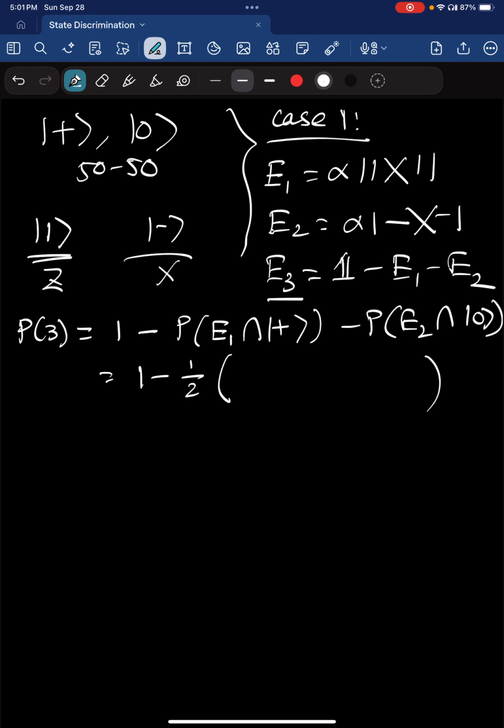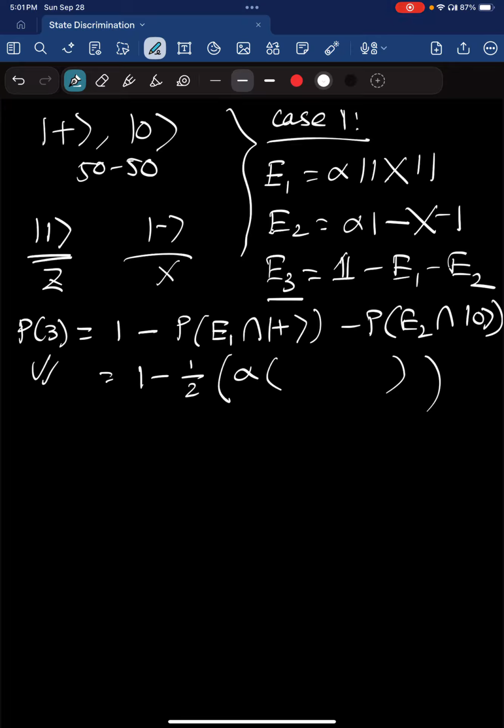Because if we take alpha common and there are some other terms, we can see that we need to increase alpha so that the probability of inconclusive outcome is decreased, right? So how can we actually do that? The answer is we can.